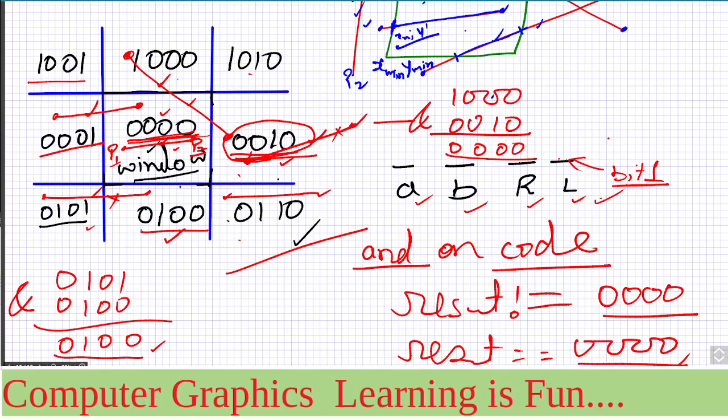Now we have also seen that if a line has both endpoints outside the window and both are in the same region code, then we can specify that the line is totally outside the window. If both the endpoints are inside the window, we can say that the line is totally inside the window and need not process it.